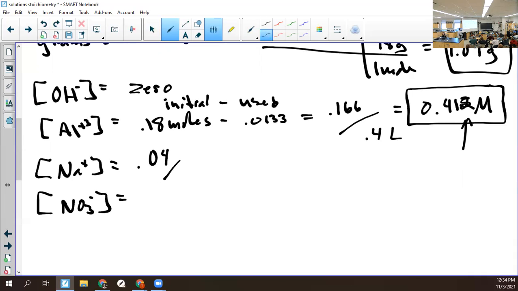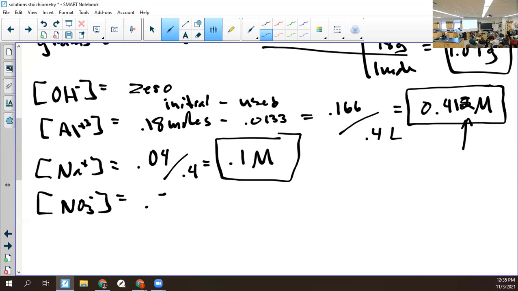And I divide that by 0.4. I get 0.1, right? And then NO3 was at 0.54 over 0.4, and I get 1.35.